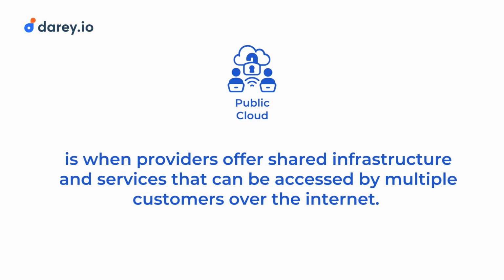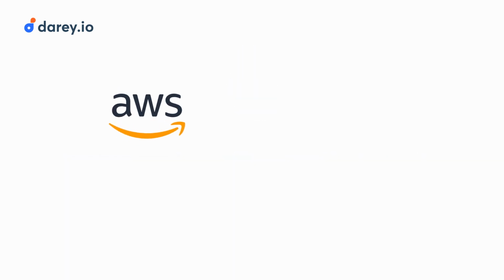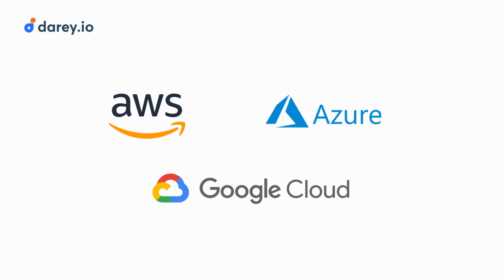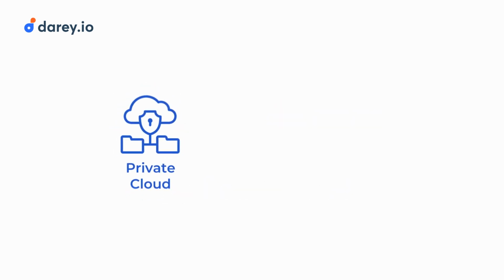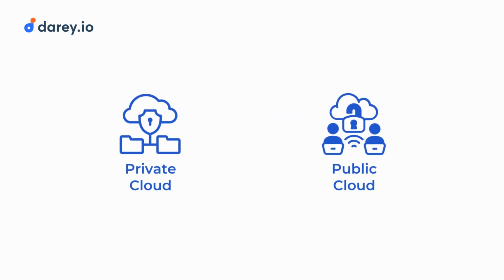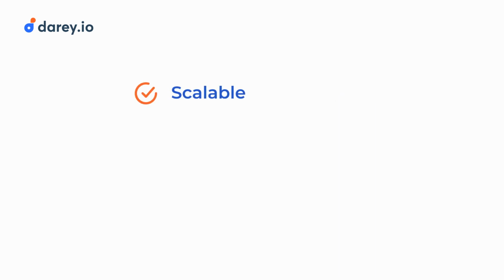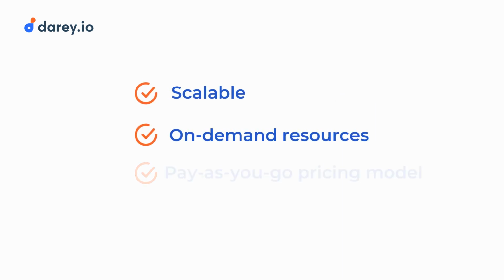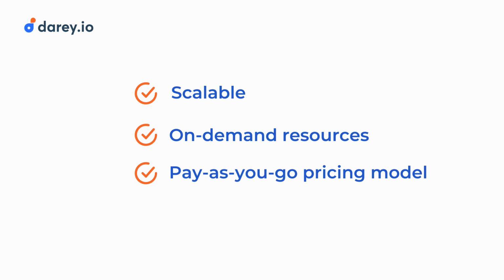Examples of public cloud providers include Amazon Web Services, AWS, Microsoft Azure, and Google Cloud Platform, GCP. Both private and public cloud offerings aim to address the challenges of traditional IT setups by providing scalable, on-demand resources and a pay-as-you-go pricing model.